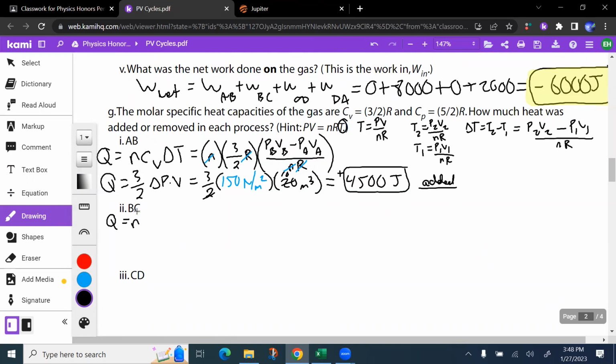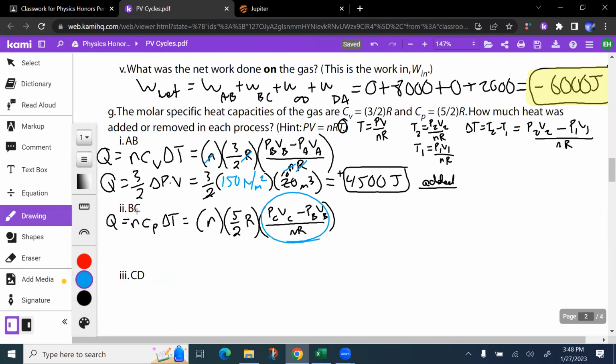Q is equal to N CP delta T. We've got N, CP is now 5/2 R, times the pressure at C, volume at C, minus the pressure at B, volume at B, all over N times R. Notice, ladies and gentlemen, this is really the same as what I derived over here, but instead of using 1 and 2, I'm going from B to C. That's why C is the final and B is the initial.